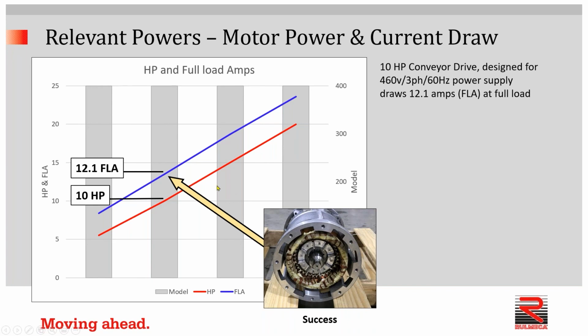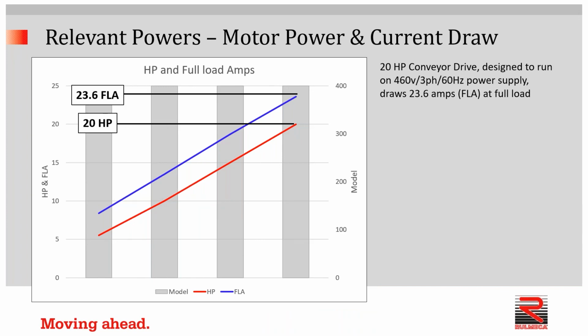This one is designed to provide 10 horsepower and will have the ability to handle 12.1 full load amps at full load. In other words, when the motor is working at the power supply frequency for which it was designed, 460 volt, 3-phase, 60 hertz, working at full load, providing 10 horsepower, it will draw continuously 12.1 full load amps.